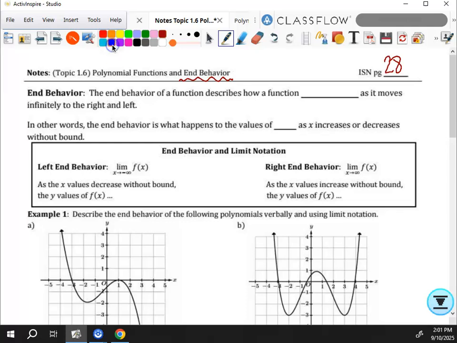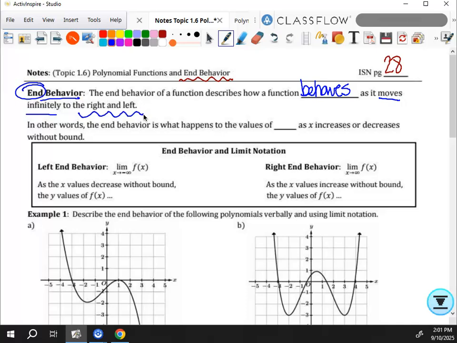So the key word in end behavior is end behavior. The end behavior of a function describes how a function behaves as it moves infinitely right and left, okay? This is the one thing we do where we move to the left on the graph.